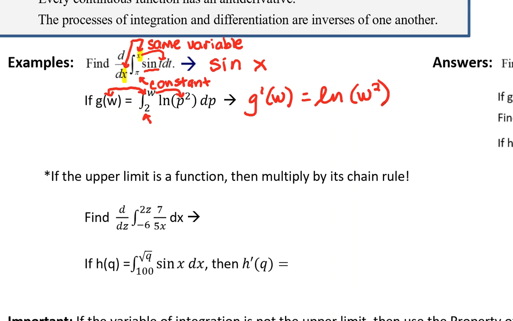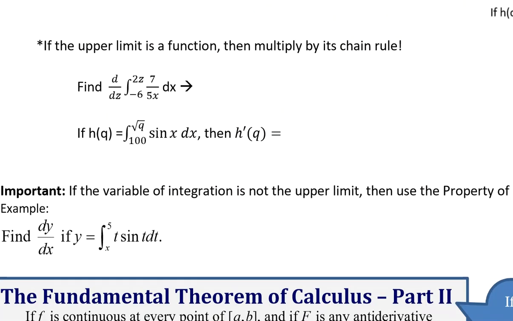And that's really all there is to it. Differentiating an integral requires no anti-differentiation. So the derivative of an integral, we return to the integrand, but we have to make that substitution of variables.